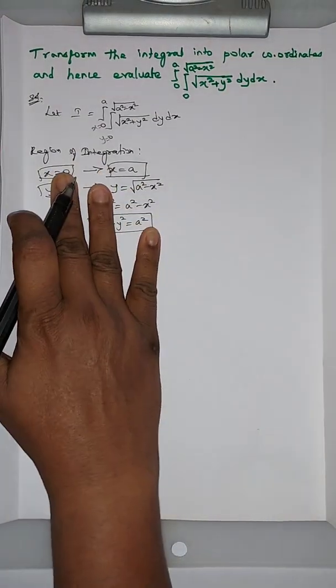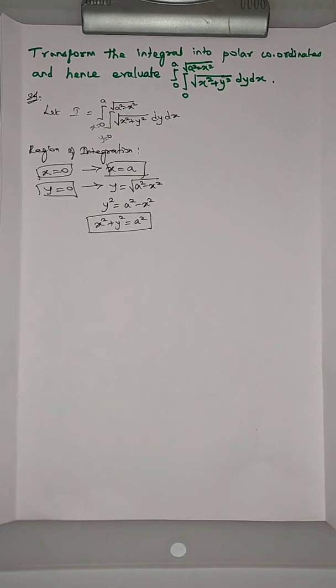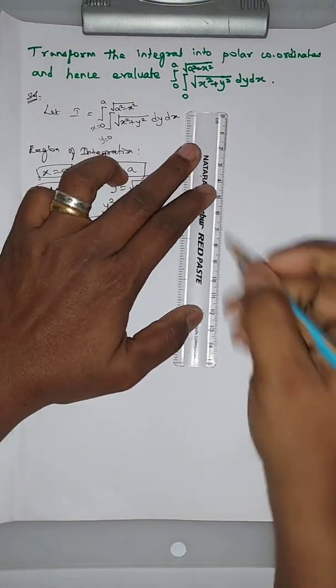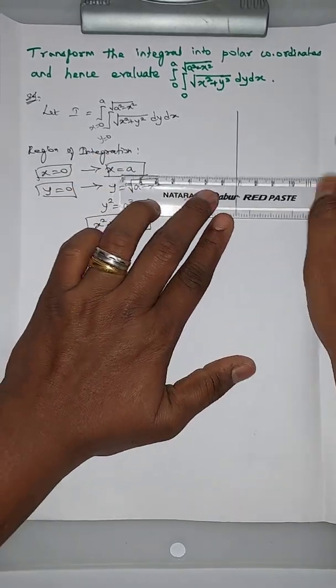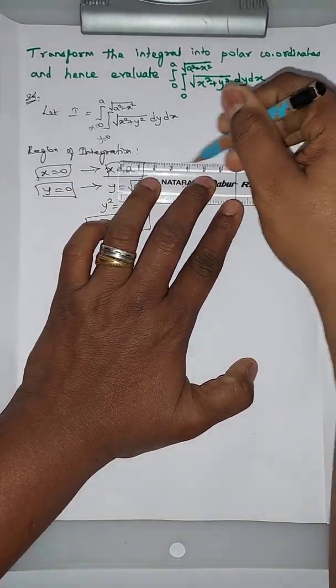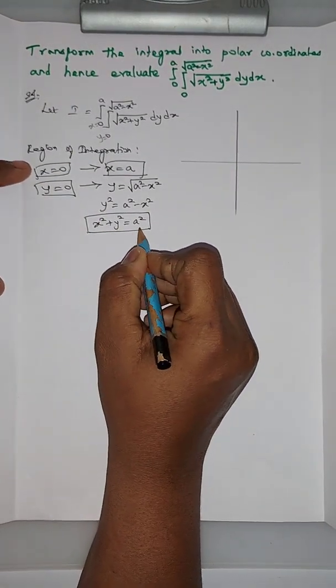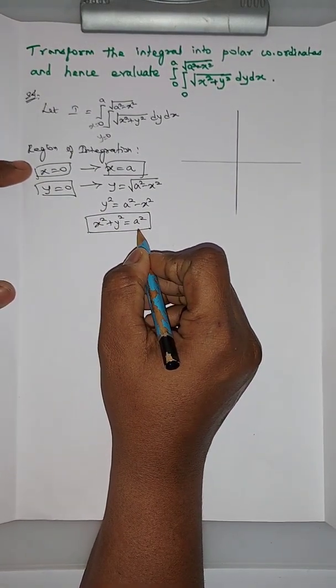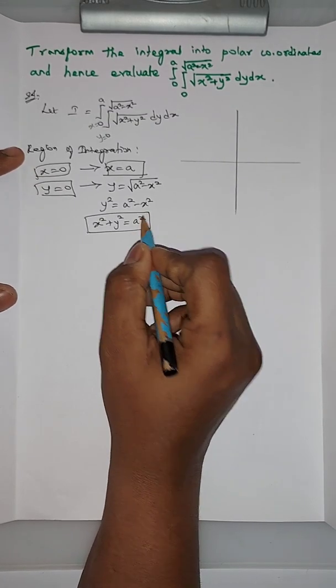So marking all this in the graph. Here x square plus y square is equal to a square is nothing but a circle with center at the origin 0, 0 and radius a.